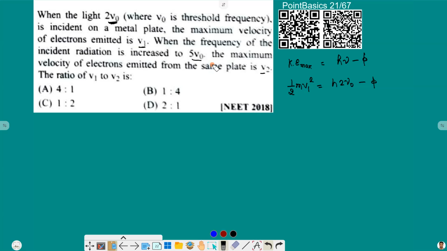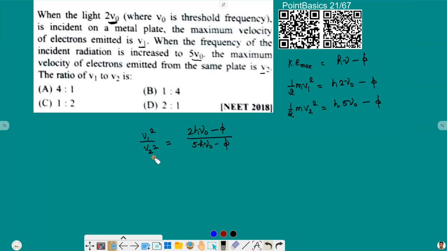And similarly for the second case, it is half m V2 square is equal to h 5 nu naught minus phi. Now if we divide both of these, we will get V1 square by V2 square is equal to 2h nu naught minus phi divided by 5h nu naught minus phi.